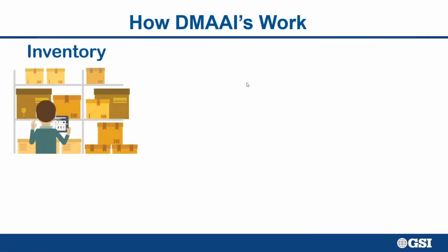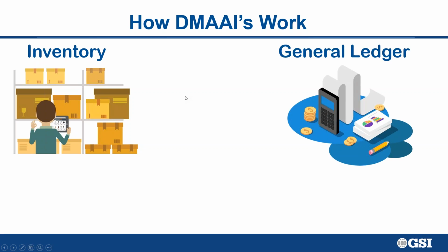Okay, first, how DMAAIs work. Well, what are they? So we have our physical inventory out on the production floor, in a warehouse, wherever it may be, and we start doing transactions in JD Edwards. Now, the idea here is for every time we ship something out, we complete a work order, we receive something in, we need to record the fact that that inventory has arrived or has left on our general ledger.